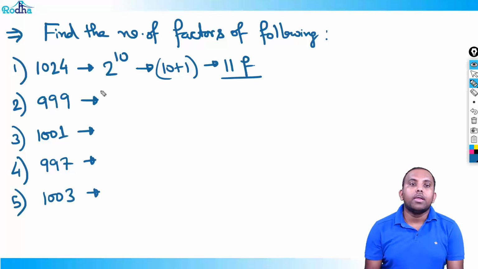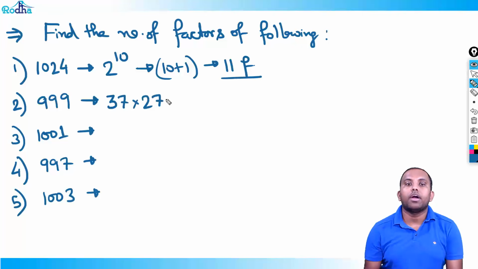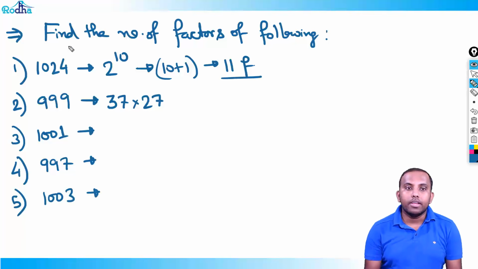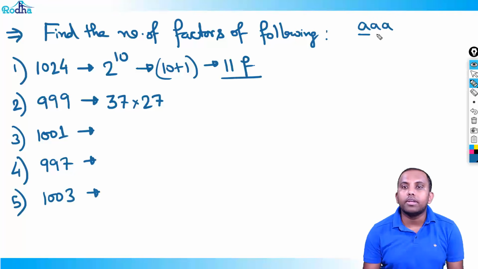999. What is 999? Now 999 is nothing but 37 into 27. You should remember it. And the important thing here is that every number of the form triple A, that means all three digits the same, is always a multiple of 37.